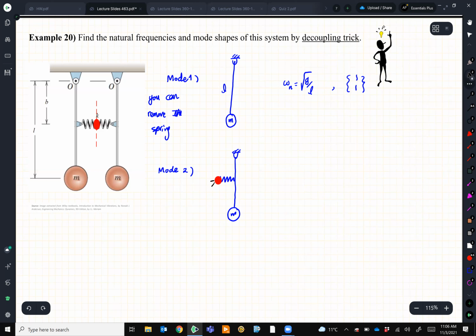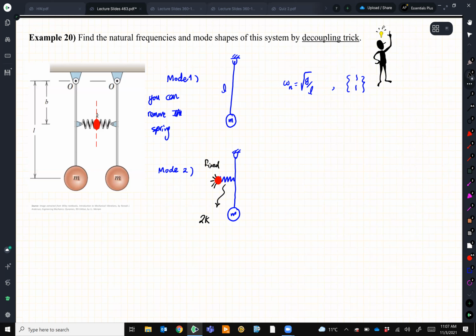So it is fixed. My stiffness now is 2K, similar to the previous example. So I have a simple system which I know how to solve. It's a 1-degree-of-freedom system.